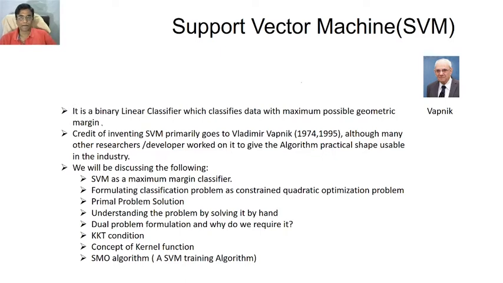So Vladimir Vapnik used the support vector machine to do handwritten digit recognition more effectively. Earlier, people were using neural networks, and he demonstrated that the efficiency of the support vector machine would be much more than a neural network, and that was the starting of the journey of the support vector machine.